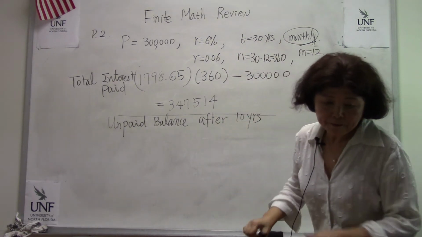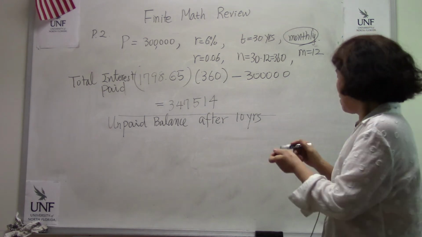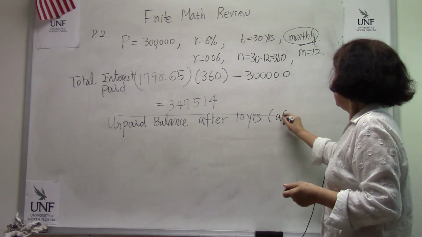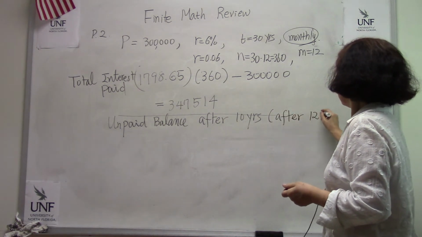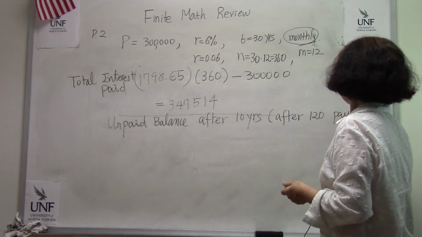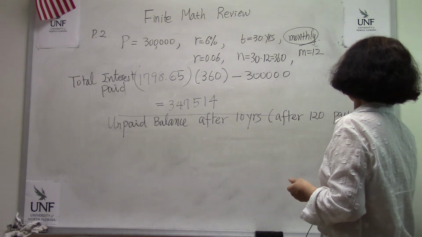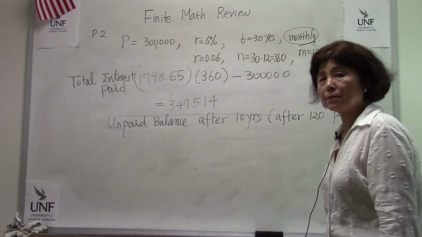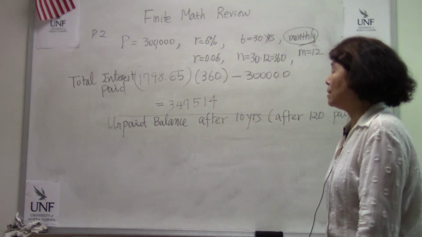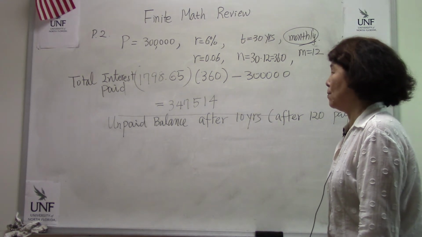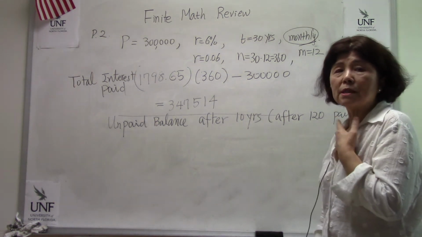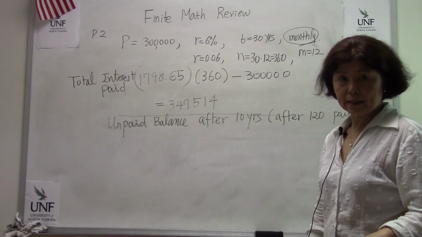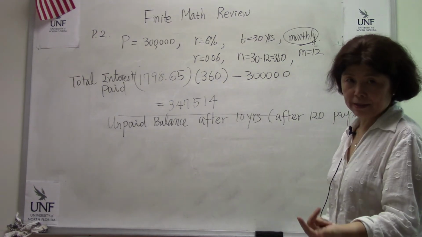So let's say after 10 years, that means after 120 payments, she decides to move. So she's going to sell the house, okay? So at that point, what she's going to look at is, how much money do I still owe the bank? That is the unpaid balance, okay?